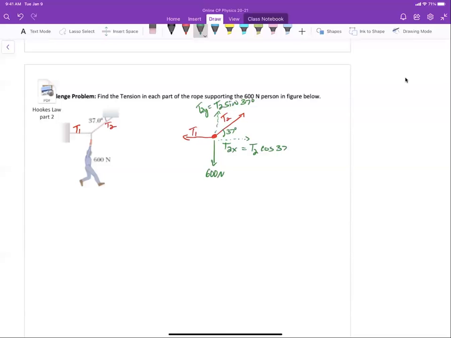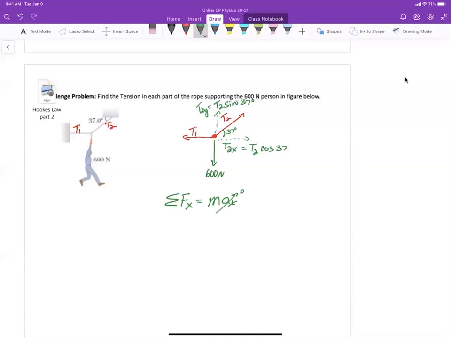Okay, now we have two unknowns. We have T1 and T2. So we actually have to use both the x and the y to solve. So system of equations, two unknowns. So I'm going to first sum everything in the x direction equals mass times acceleration in the x direction. It's not accelerating, so the sum of all the forces has to equal 0.